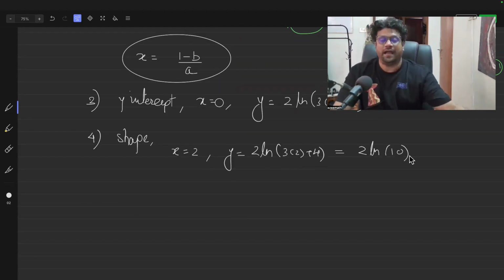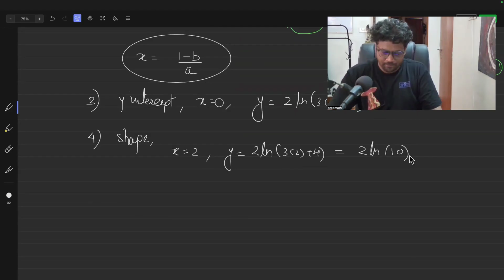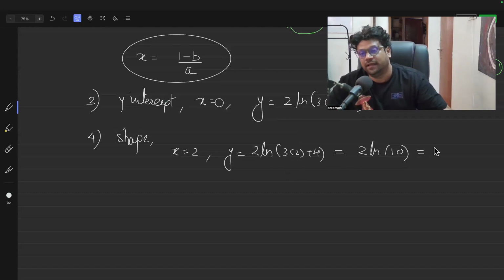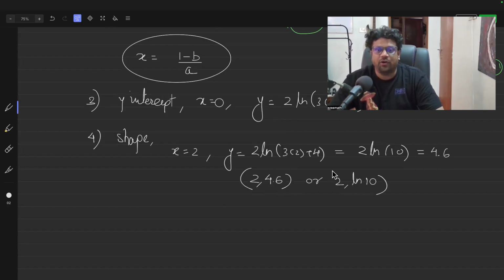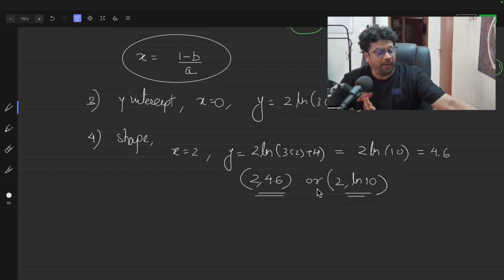And let's see what that is. 2.3 into 2 comes out to be 4.6. So 2 comma 4.6, or 2 comma 2 ln 10, is also going to be one of the points our curve passes through.